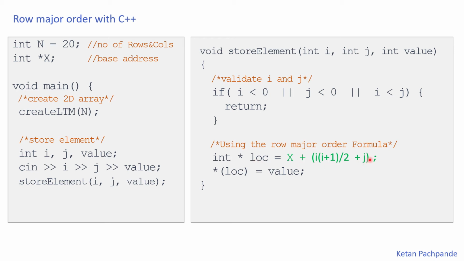Remember that we don't want to multiply this by the size of every element because x itself I have taken as an integer pointer, so it is automatically going to add the offset every time we add the number of elements. And once we get the location, the value at that location is simply whatever is provided by the user. So that's how with this simple procedure we store the element at the correct location in memory.